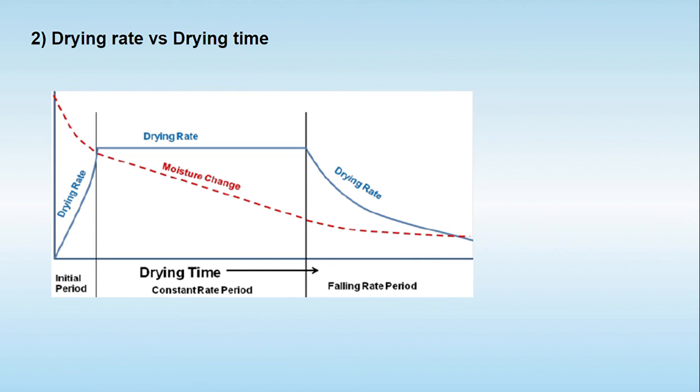But comparing these three rate periods, I can say that the maximum amount of moisture is removed during the constant rate period, because in the constant rate period we are trying to maintain the drying conditions in terms of temperature, which is very important.